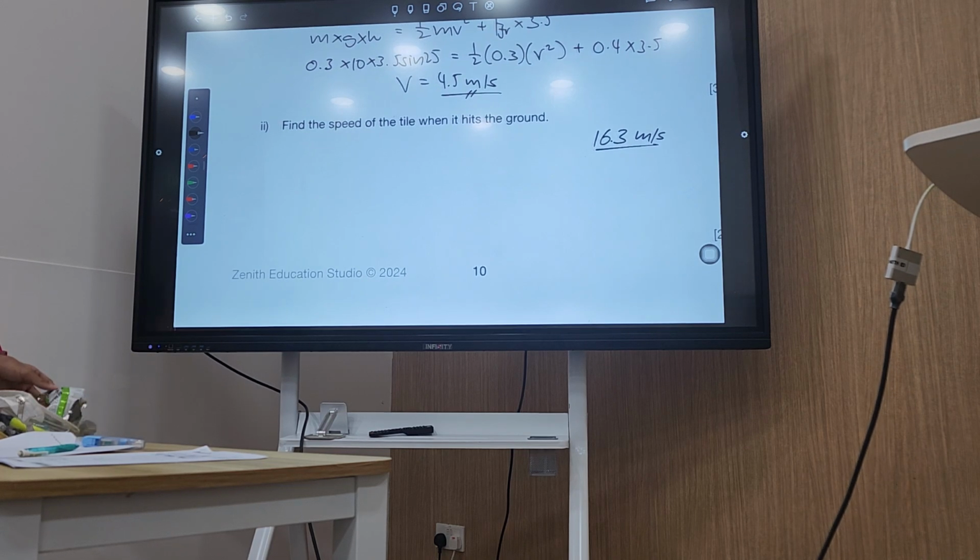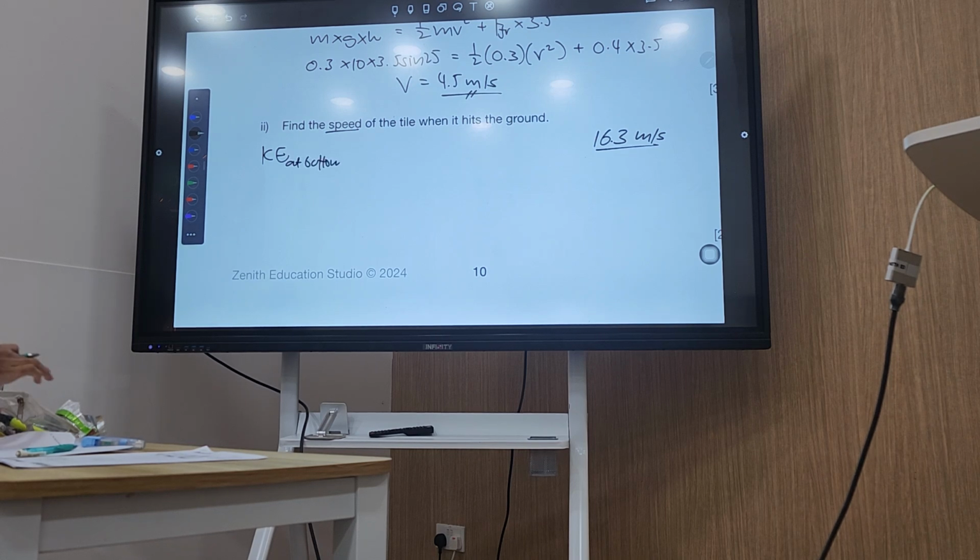Find the speed of the tile when you hit the ground. Okay. So if I want speed, obviously my focus will be kinetic energy. Correct? So you have KE at the bottom, which will be equal to what?